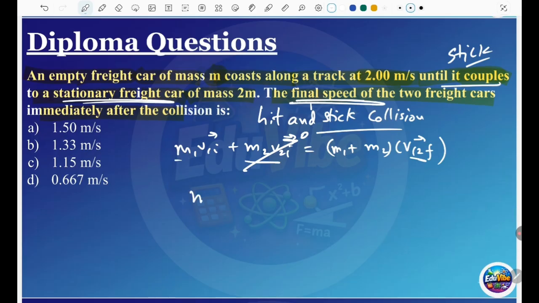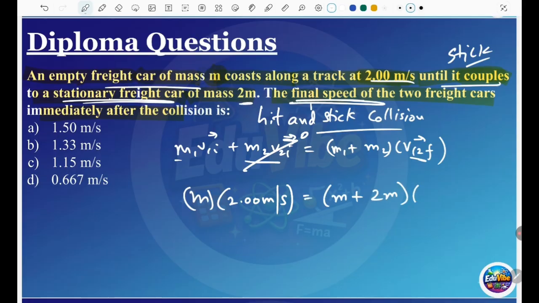We have m1 as m, v1i as 2.0 meters per second, the initial velocity of the first mass m. And m1 plus m2 is m plus 2m, which gives 3m.